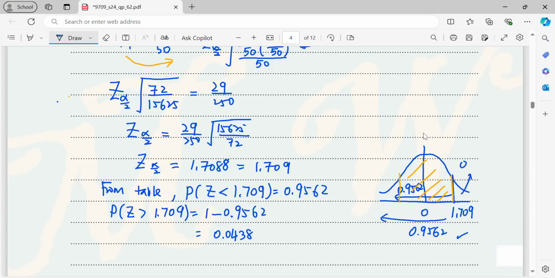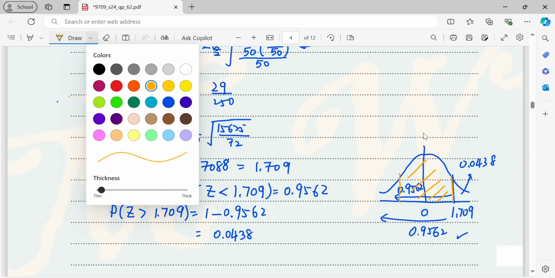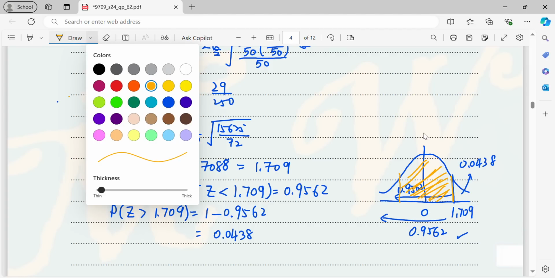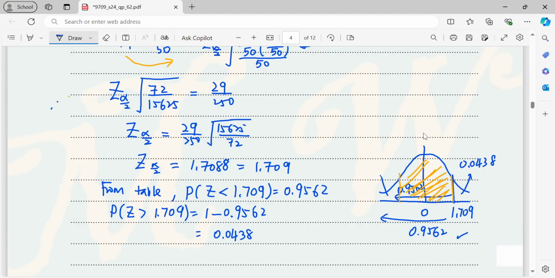So that means here is 0.0438. But remember, when we are constructing the confidence interval, it's actually symmetrical. That means the middle part we do not know. So for the left hand side, it will be the same, 0.0438.